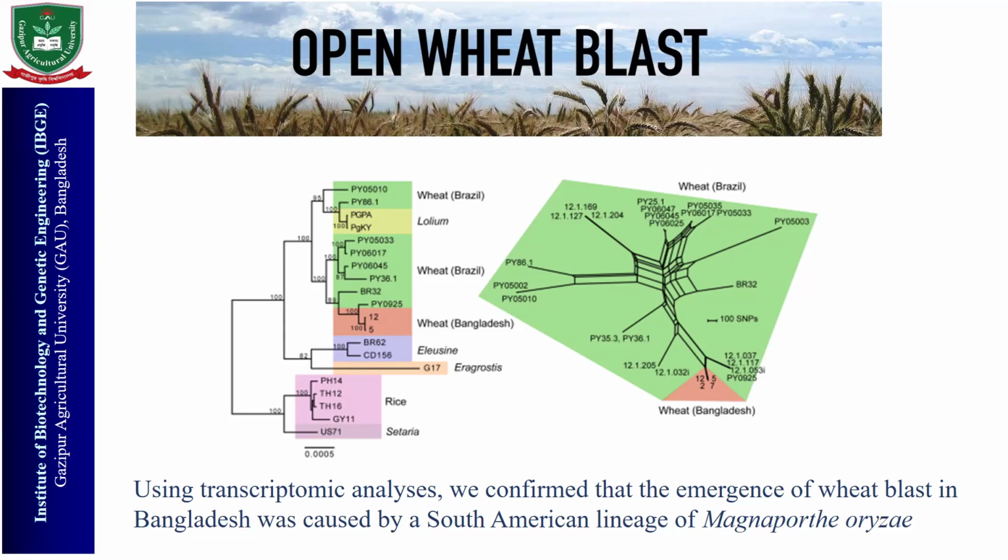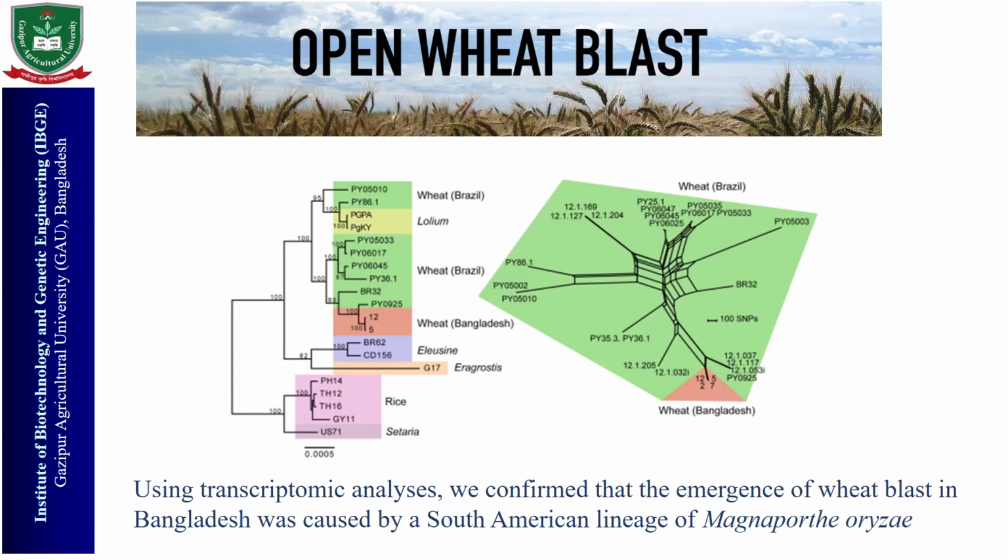And then when we did the phylogenomic analysis, here you can see all the samples, RNA of wheat blast, they completely matched with the Brazilian wheat blast. That means it originated from Brazil.